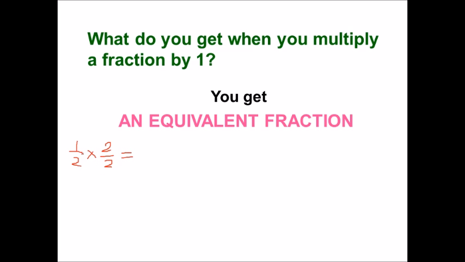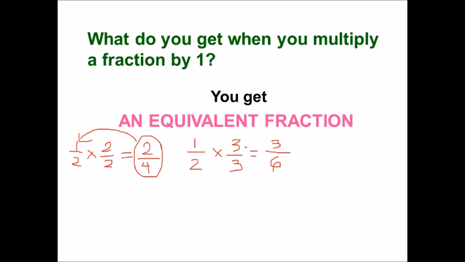So you're going to have 1 times 2, 2 times 2 is 4, and this 2/4 is equivalent to 1/2. Another, if you have 1/2 and you multiply this by 3/3, you're going to have 1 times 3, which is 3, and 2 times 3, which is 6. Again, 3/3 is equivalent to 1, and this 3/6 is also equivalent to 1/2.